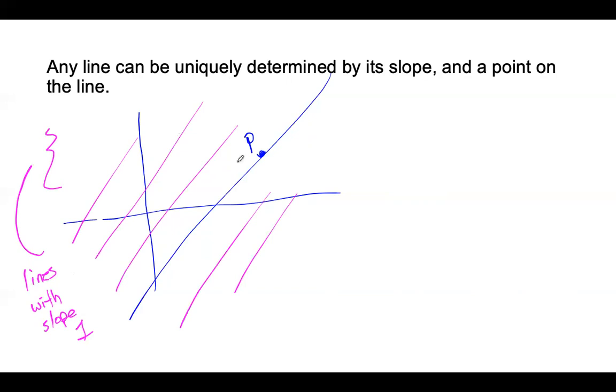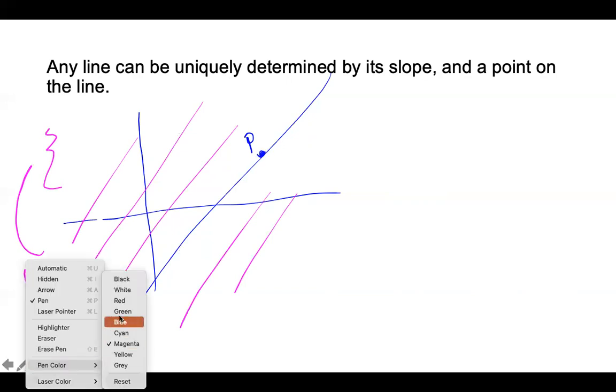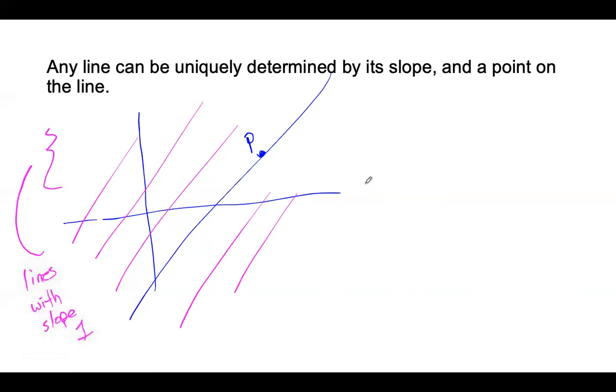Like you see that they're parallel to like this particular point and this particular line. So we can say we want a line through a point with this particular slope.